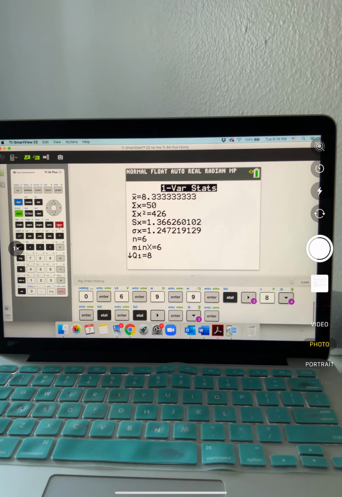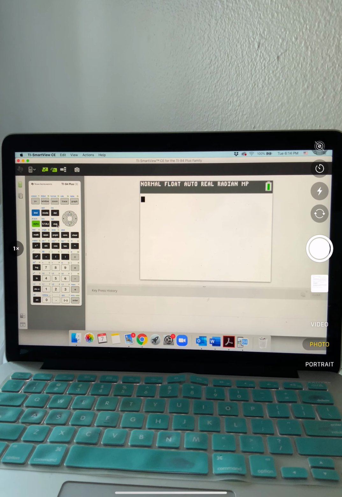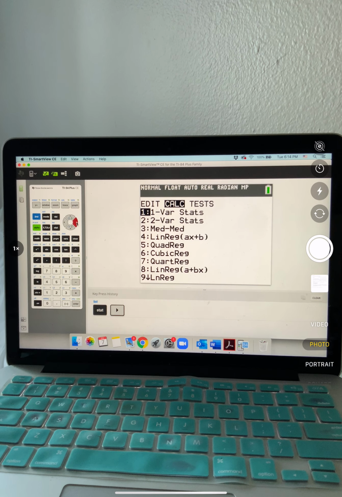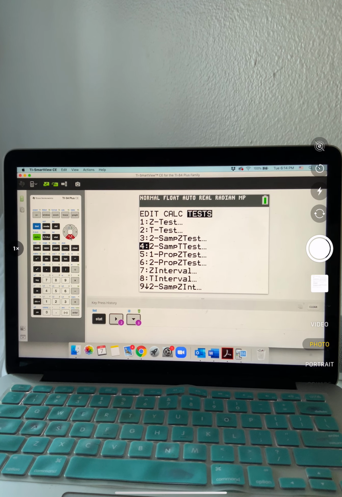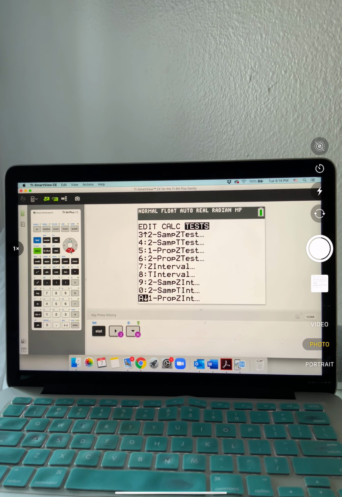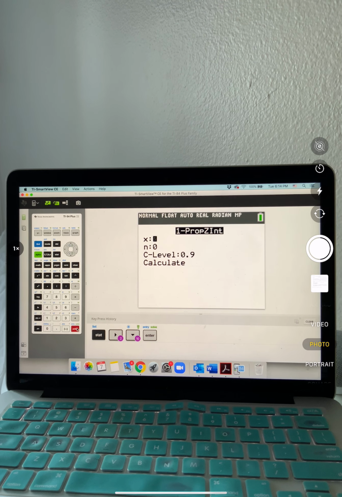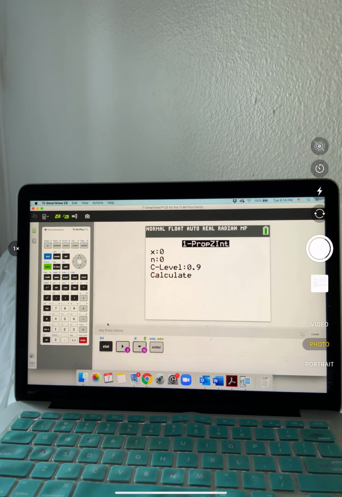You can find the same thing on stat, test, 1-PropZInt. So we need to go down to 1-PropZInt, letter A. X was, where's the X?